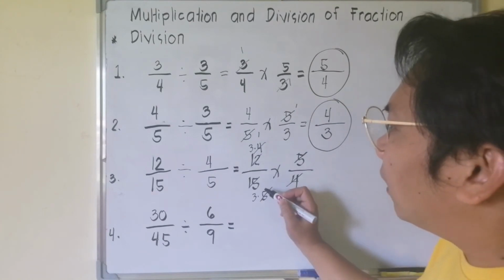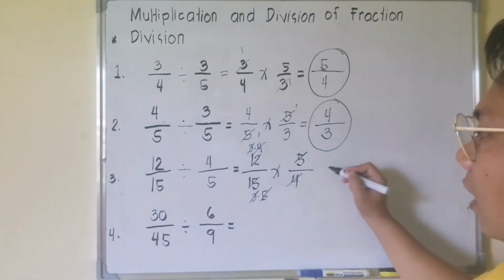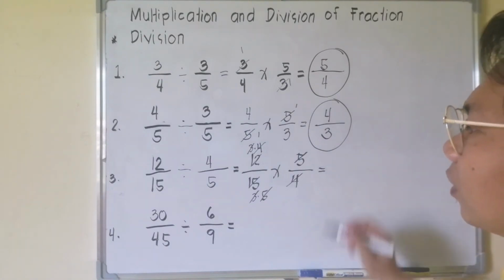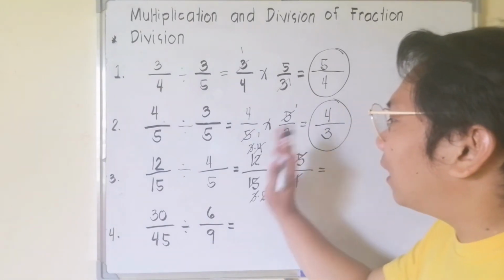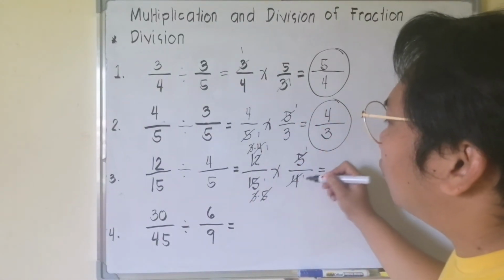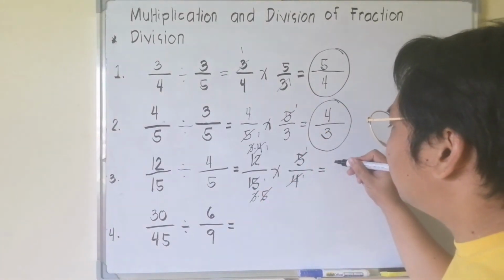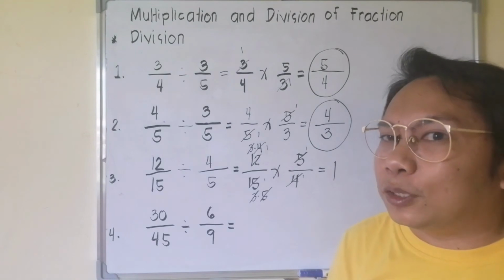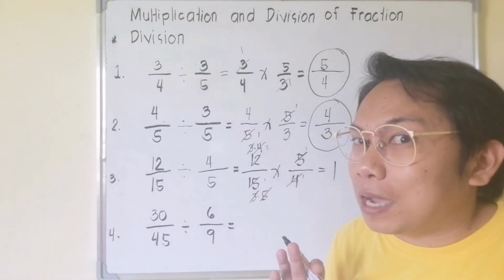Then meron din tayong makancel dito na 3 at saka 3 dyan. Kaya, so nakancel lahat, it does not mean na 0 yung answer dyan. Kapag nakancel yan lahat, ang natira dito ay 1, 1, 1, 1. So, 1 times 1 will give you 1. 1 times 1 will give you 1. So, this is just simply equal to 1. Hindi ibig sabihin na cancel yan lahat, 0 na yung answer mo dyan.